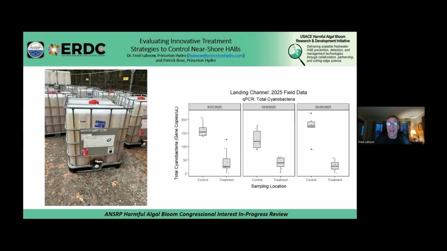You can see that before as well as after, the treatment areas had lower amounts of cyanobacteria. So even if there was a shift in the amount of cyanobacteria afterwards, it looks like that did not occur. It looks like the treatment area still stayed lower than the control area, whether those products were added or not.